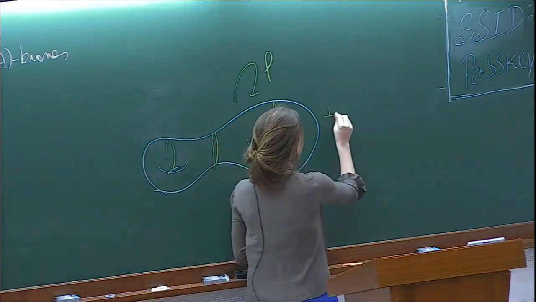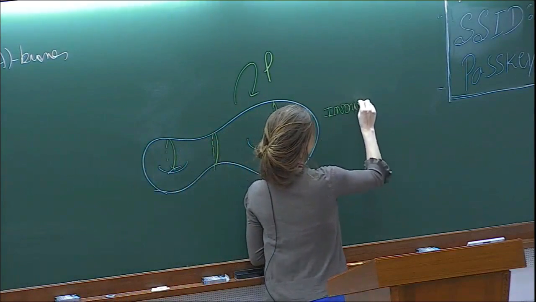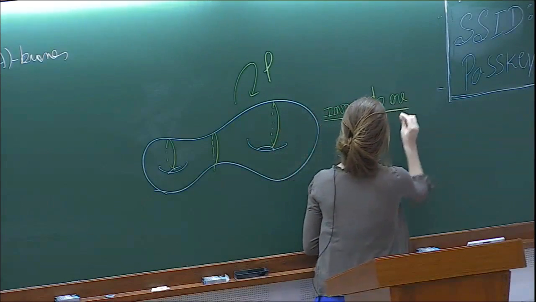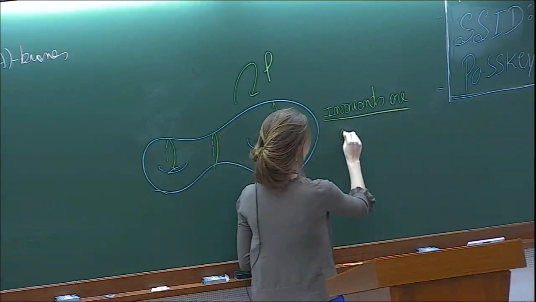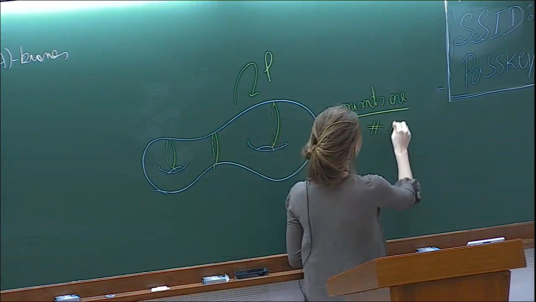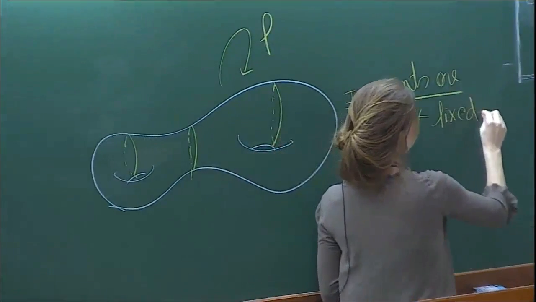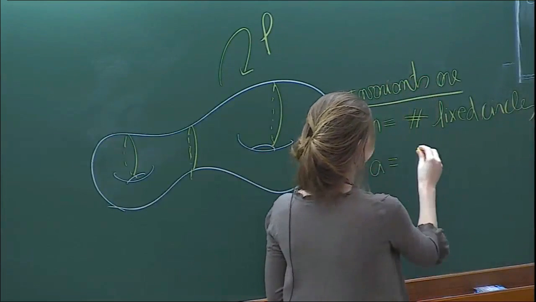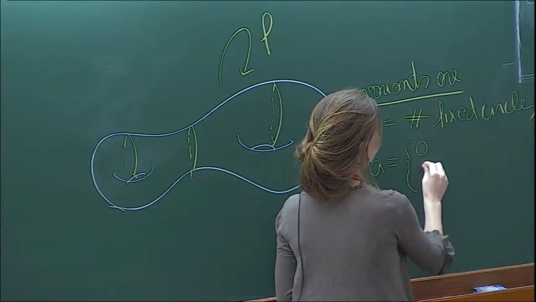So the invariants are usually called N and A, where N is the number of fixed circles, and A is, sorry, it's either 0 or 1.